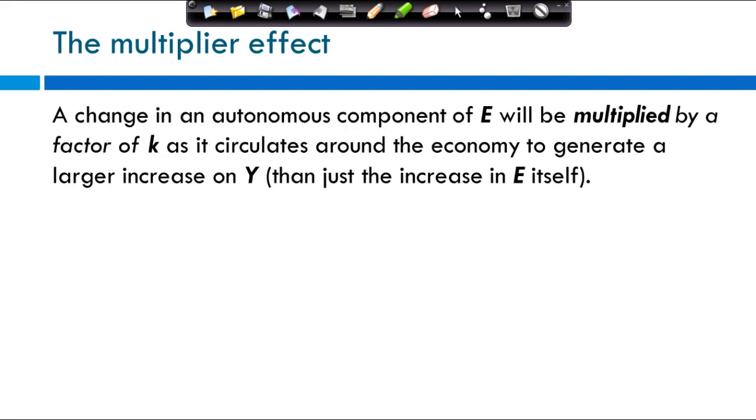A change in an autonomous component of total expenditure will be multiplied by a factor of K, by some factor, as that expenditure circulates around the economy to generate, ultimately, a larger increase in income. That is, a larger increase than the initial increase in expenditure itself.